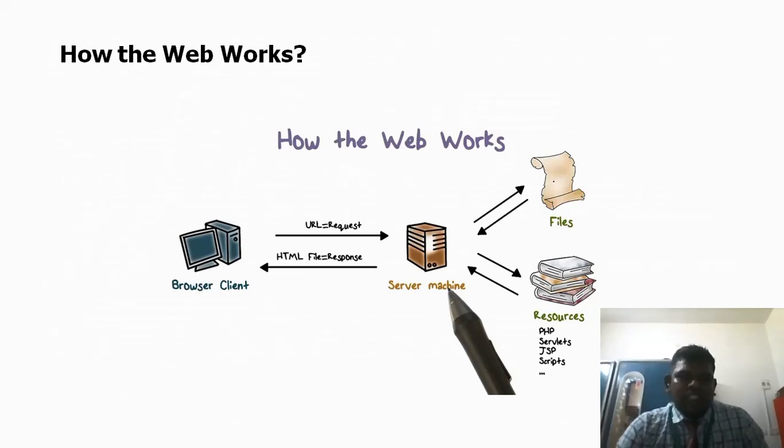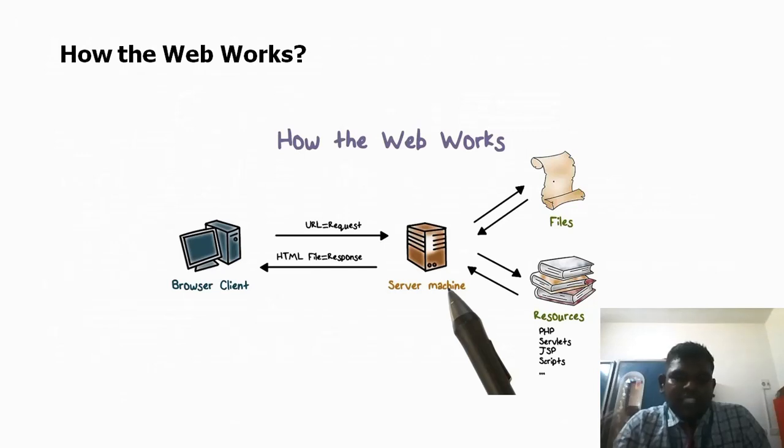How the web works. For example, this is the overall flow chart or block diagram of how the web works. First, there is a browser client, which is our user system, and then the server machine. The user sends a request to the server.